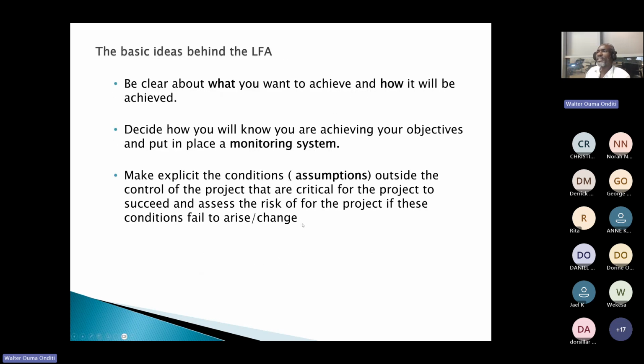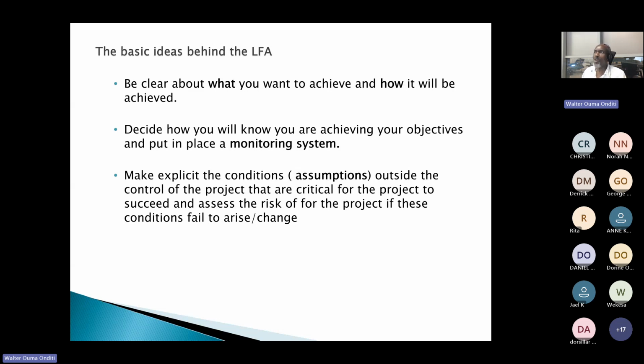Now, the basic idea: be clear about what you want to achieve and how it will be achieved. That is what I'm saying first, the formulation. Think about why. And in thinking about the why, of course, formulate the end game, the impact. Decide how you will know you are achieving your objectives and put it in a monitoring system. The lowest level activities or input activities and output must be the first.